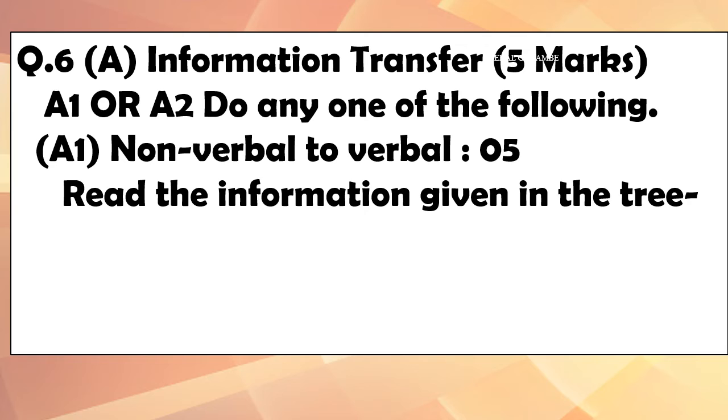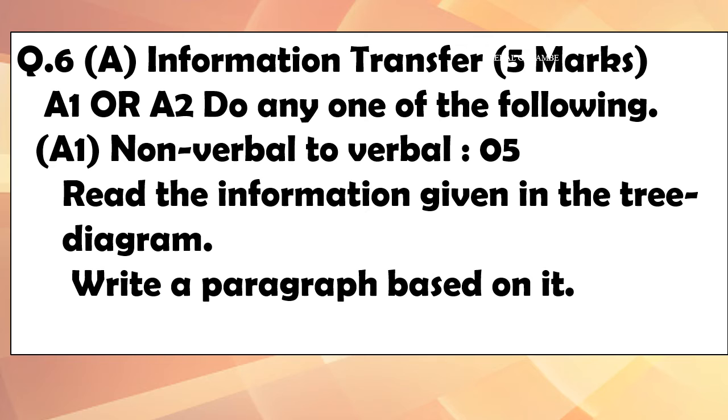How is it? Read the information given in the tree diagram. Okay, now just now we have seen the format of tree diagram. So information is given in the tree diagram and write a paragraph based on it. So paragraph, as we have seen, is a verbal form.